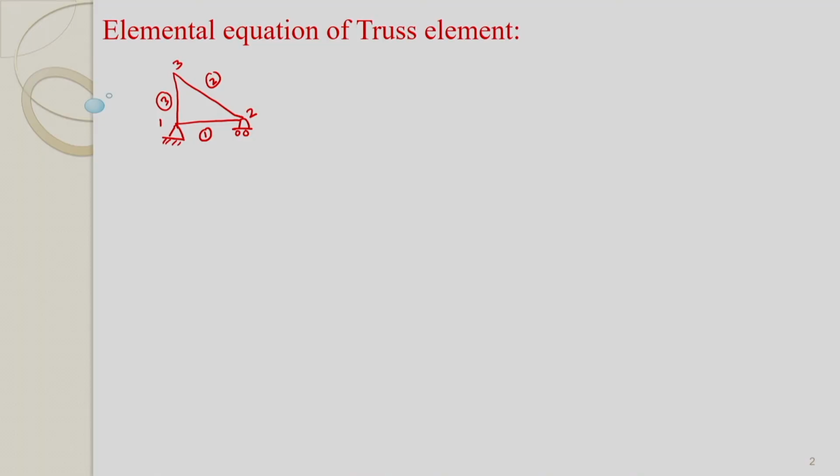Here each element acts as a bar element, but as you can see, element 2 is acting as an inclined bar element, whereas element 3 is a vertical bar element.